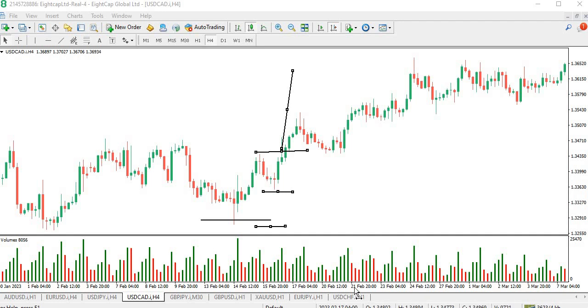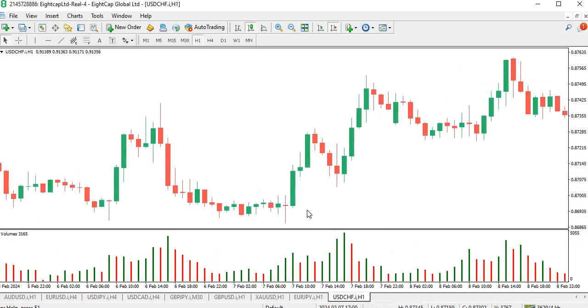Now let me show you the third one, which is this area. You can see the chart. The market turned round at the bottom and formed a cup-shaped pattern, and then it formed the handle. So the first area to trade this pattern was the handle area.